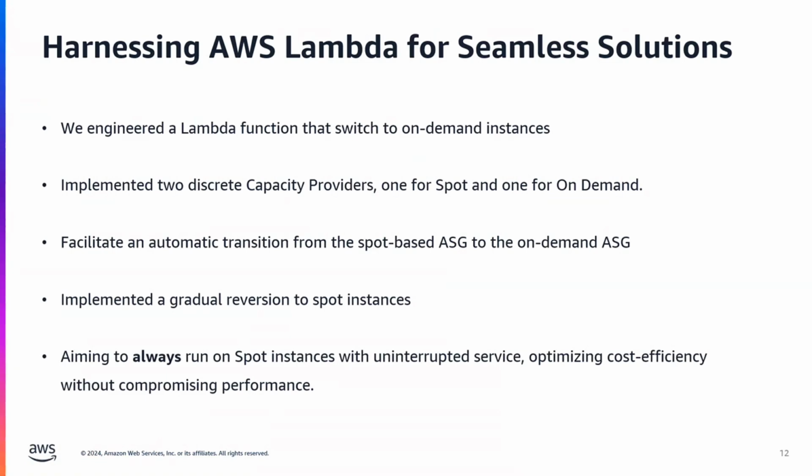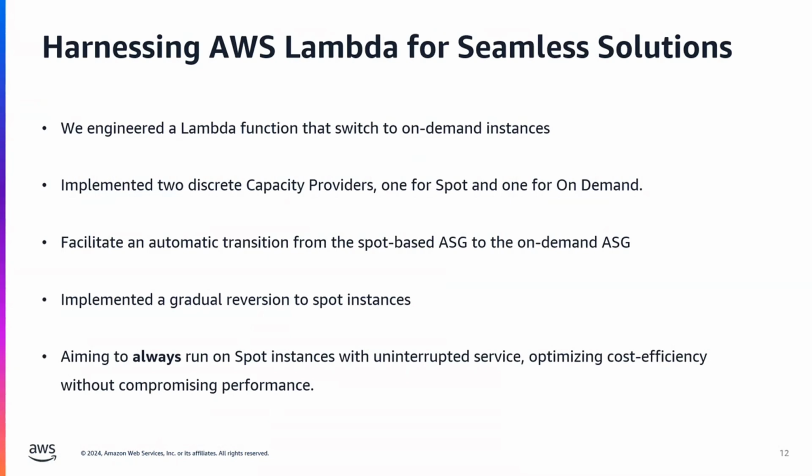Then with the help of the Lambda and some CloudWatch alarms that you'll see later on, we facilitate an automatic transition from the spot-based auto-scaling group to the on-demand one. This would happen in case the spot capacity provider was not able to spin up instances.